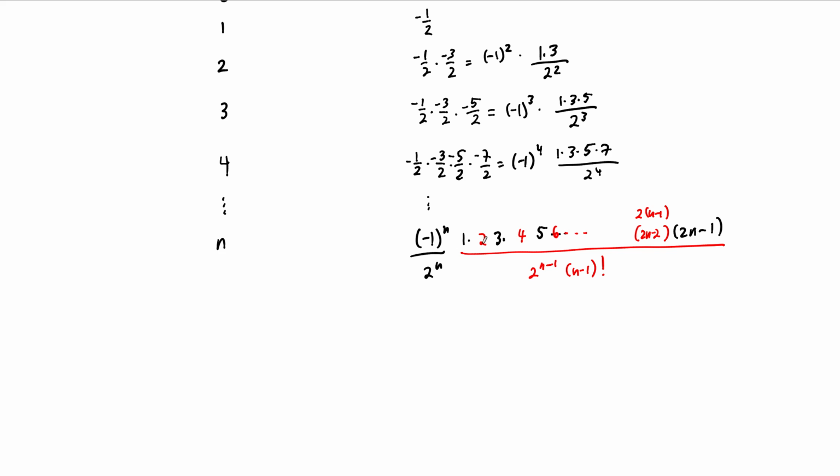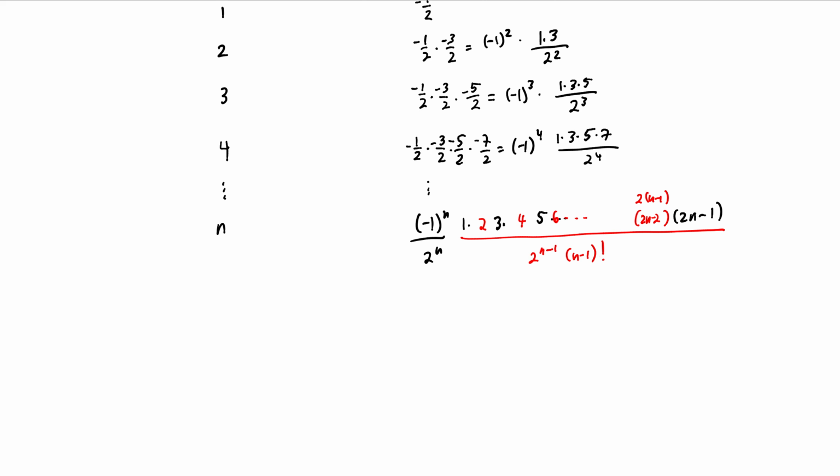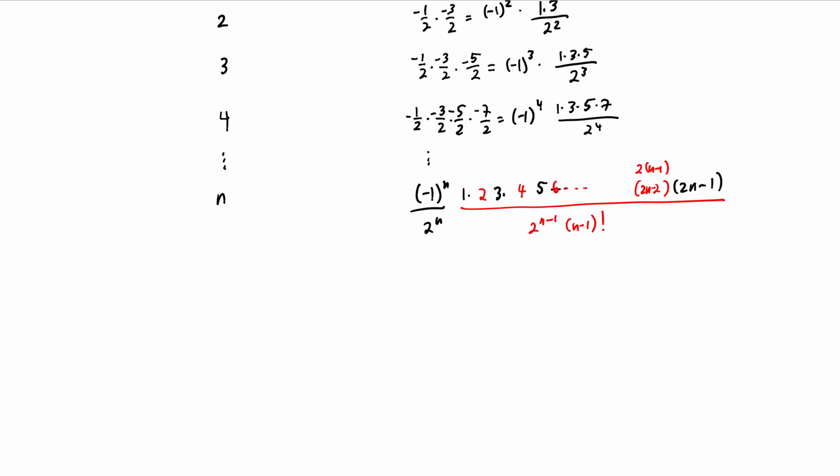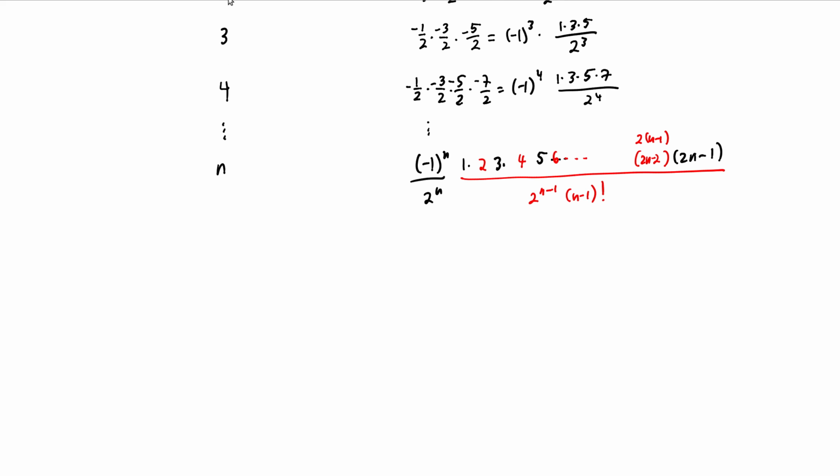The rest of these terms are 1 times 2 times 3 all the way up to n minus 1. So that's n minus 1 factorial. And that right there then gives us a formula, because this is going to equal, we can do it in green, negative 1 to the n over 2 to the n times 2 to the n minus 1 times n minus 1 factorial. And then what's on top is now 2n minus 1 factorial.